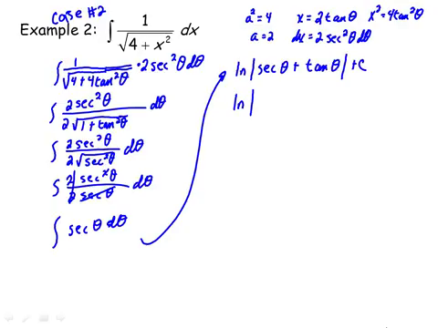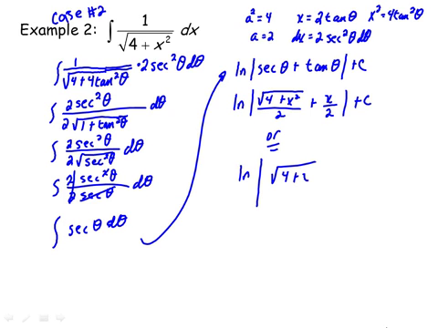Secant theta is going to be the square root of a squared, which was 4, plus x squared over a, which is 2, plus tangent theta, which is going to be x over a, which was 2, plus c. And again, you can leave it like that, or if you prefer to put them together, that's fine. Whatever, doesn't matter to me.